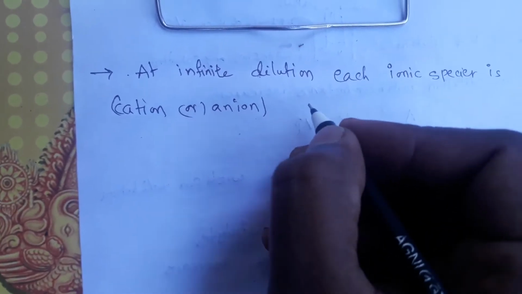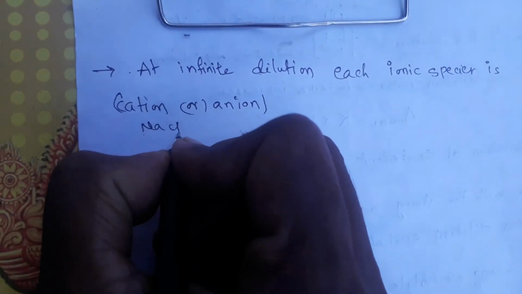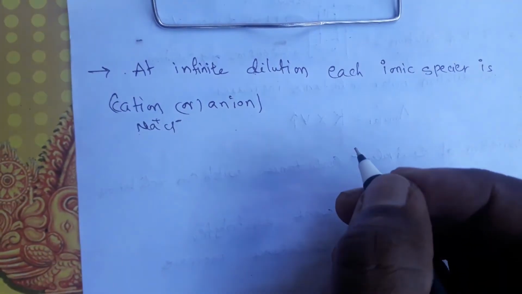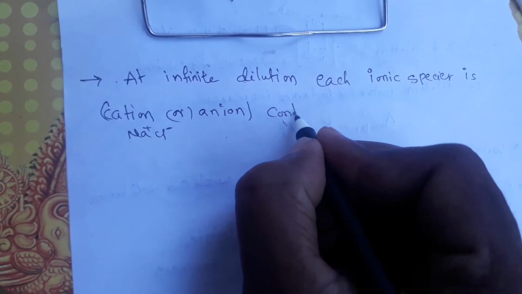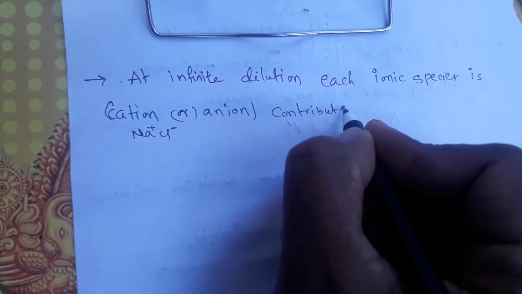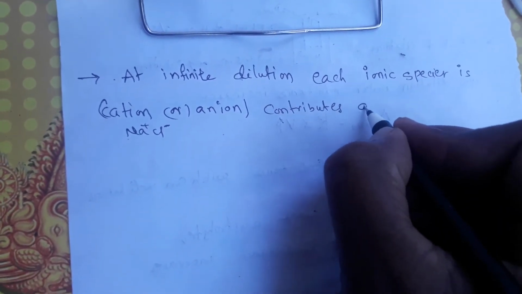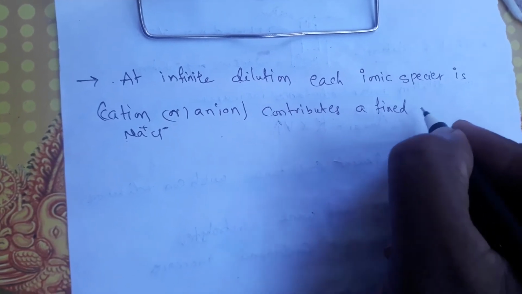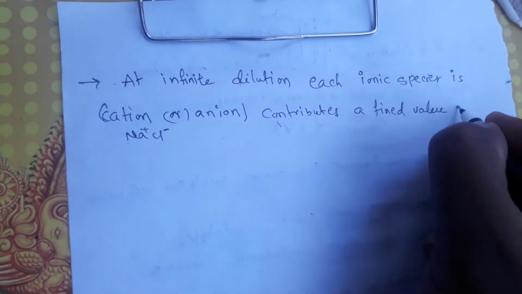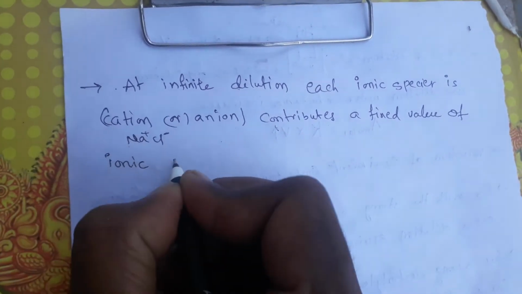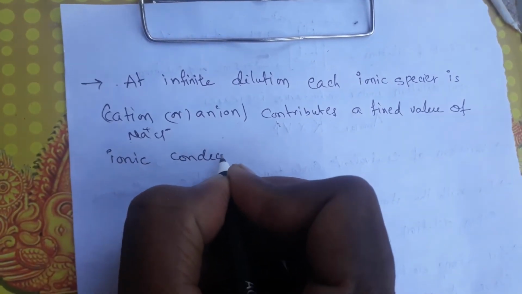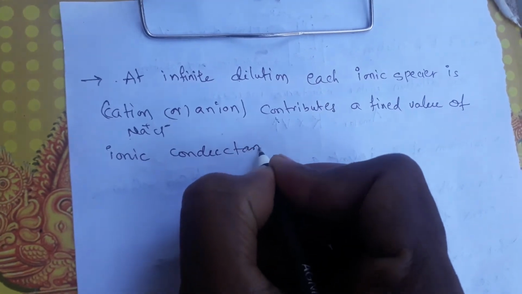There is a cation and there is an anion. If you take sodium chloride, this is the cation, this is the anion. At infinite dilution, each cation and anion contributes a fixed value of ionic conductance. Simple law, it is ionic conductance.